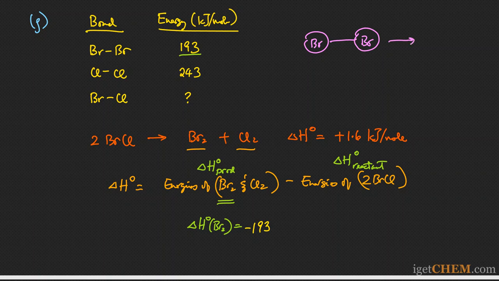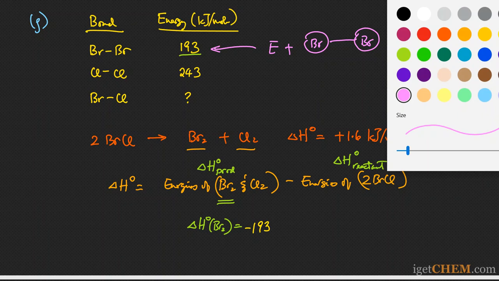So if you take that and make two separated Br, breaking the bond between them, the energy that is needed to be put in, so there's this energy that needs to be put into the reaction, is equal to 193. So what that means is that the molecule is more stable than the two atoms separated. So this bond energy is actually stabilizing the molecule. So delta H of Br2 is actually 193, but with a negative sign.